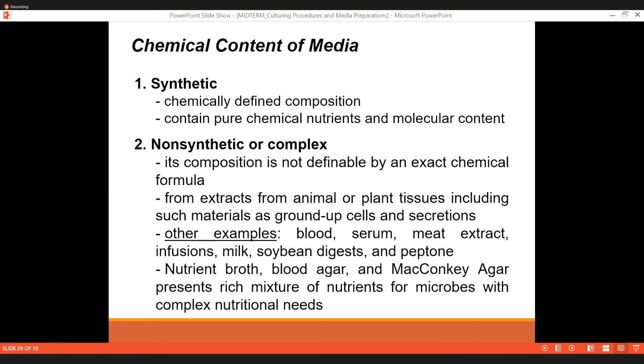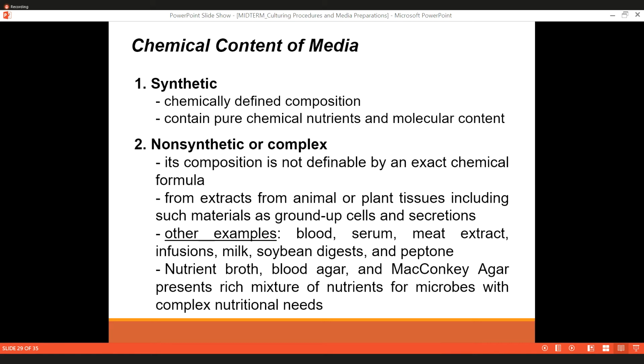So, in terms of chemical content of media, meron tayong synthetic and non-synthetic. So, ito yung sabi ko kanina. So, si synthetic chemically defined composition, then it contains pure chemical nutrients and molecular content. Si non-synthetic naman yung sabi ko kanina na exactly opposite of synthetic that could be coming from different sources, no?